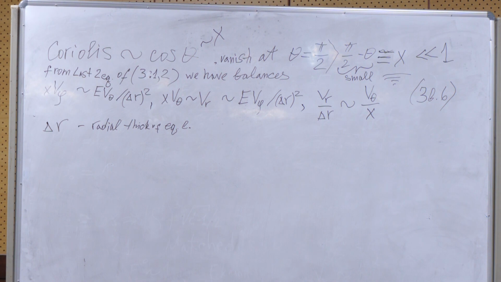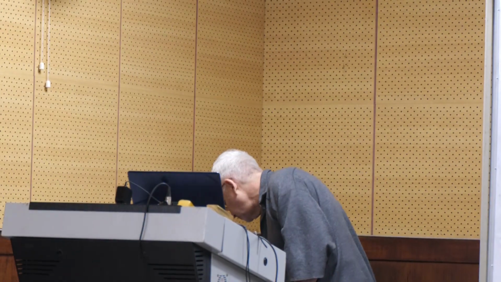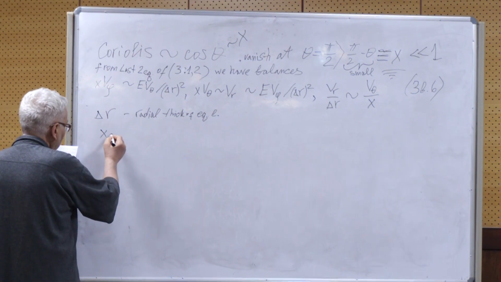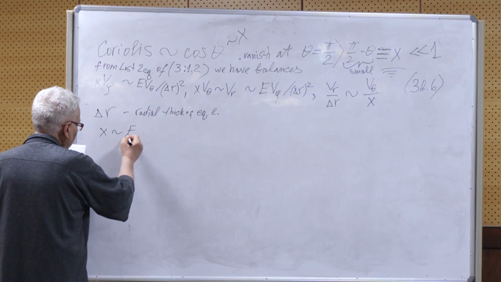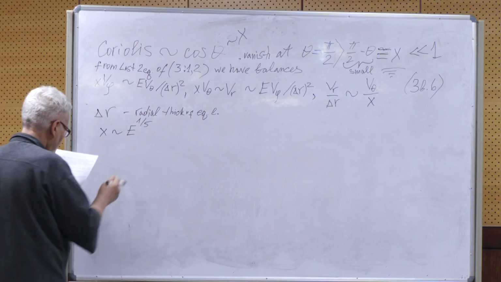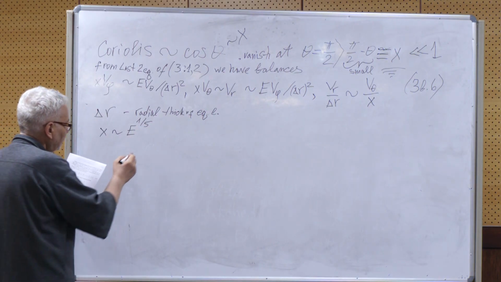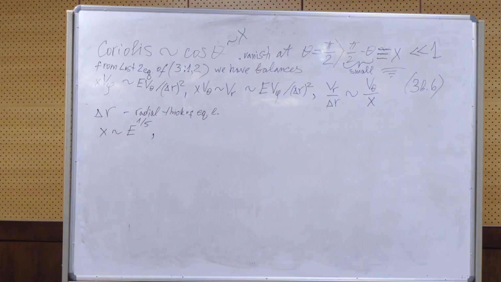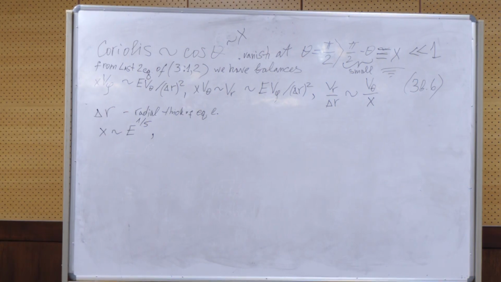And then we again play the same game. We simply identify transformation from 6, and we obtain this estimation when taking into account all the balances, that x is proportional to the Ekman number to the 1/5. Then x actually measures this distance.